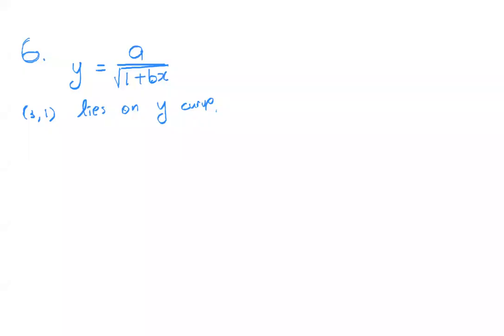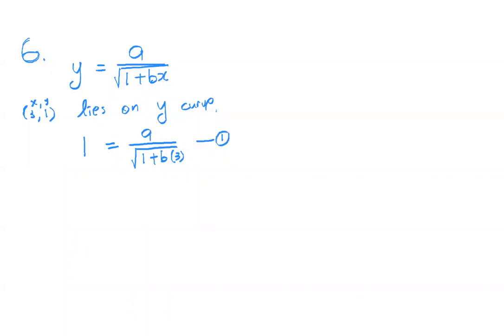Okay. When I say the point when x equal to 3, y equal to 1, I can punch into the formula. So I will get 1 equal to a divided by square root of 1 plus b times 3. Okay, so done, one equation.